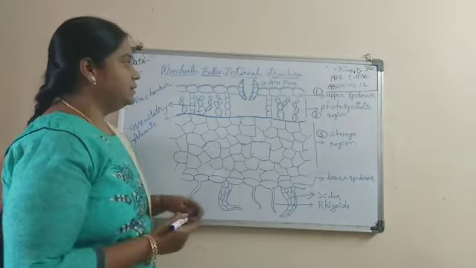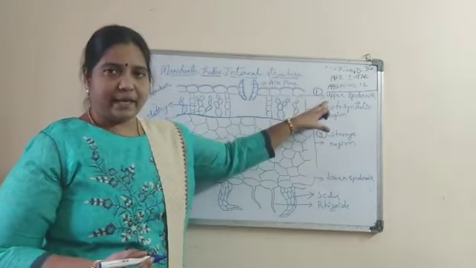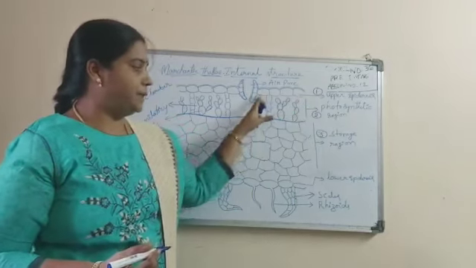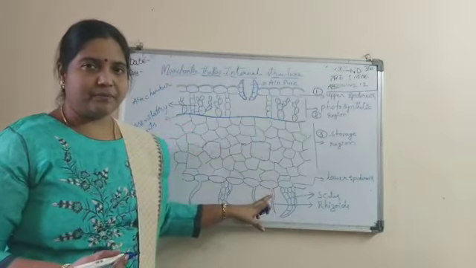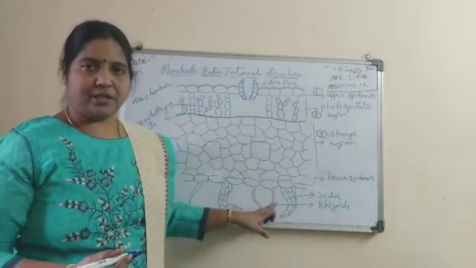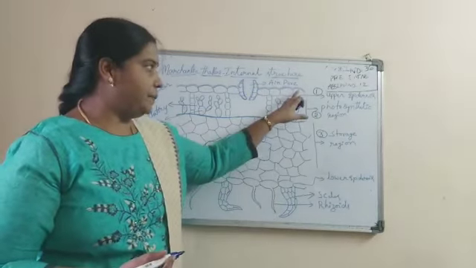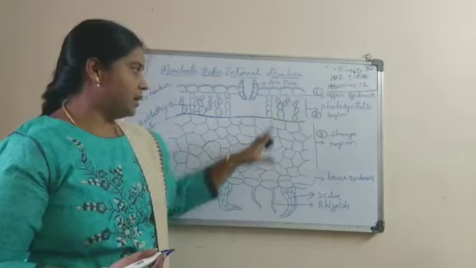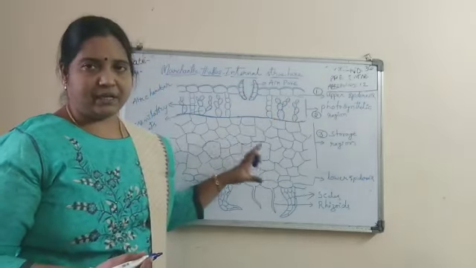So here the epidermis is again differentiated into upper epidermis and lower epidermis. Because it shows dorsiventral differentiation, the upper epidermis and lower epidermis are of different colors.